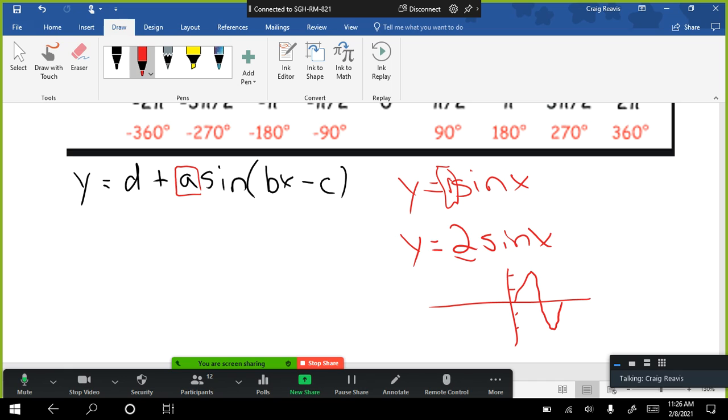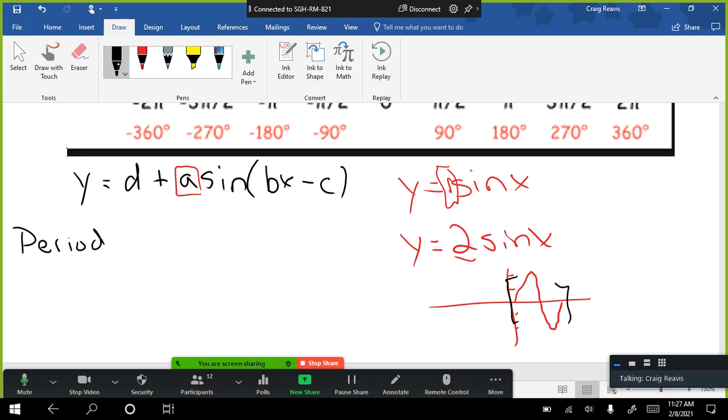All right, the other thing we talked about the other day was the period. How long does it take to go through this one cycle? We determined the standard parent function of sine takes 360 degrees or 2 pi.